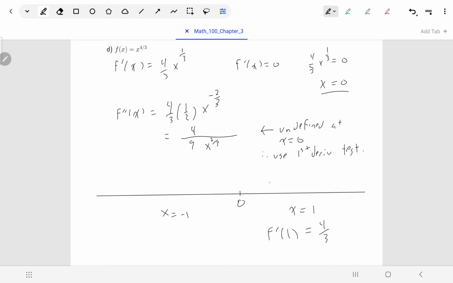That's a positive value, so we are increasing. And at negative 1, my first derivative would be 4/3 times negative 1 to the 1/3. Negative 1 to the 1/3 is negative 1, so we'd get negative 4/3. We are then decreasing. So we decrease followed by increasing. We must have a relative minimum.